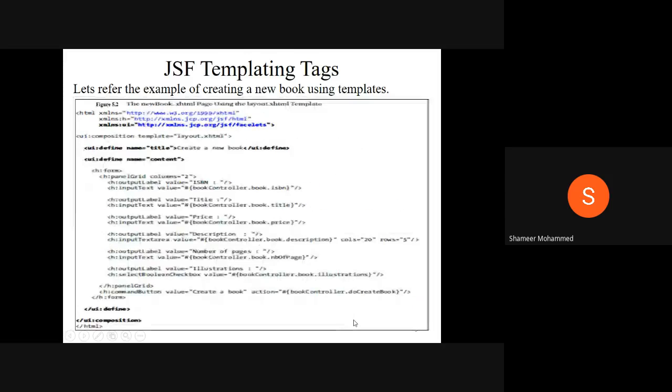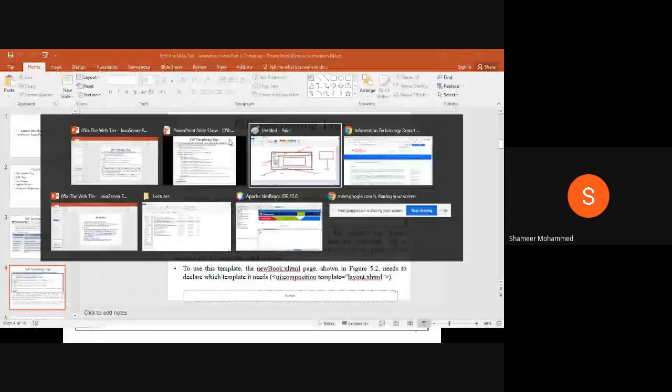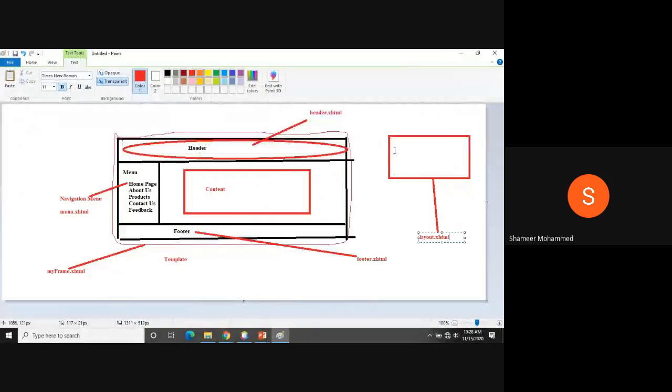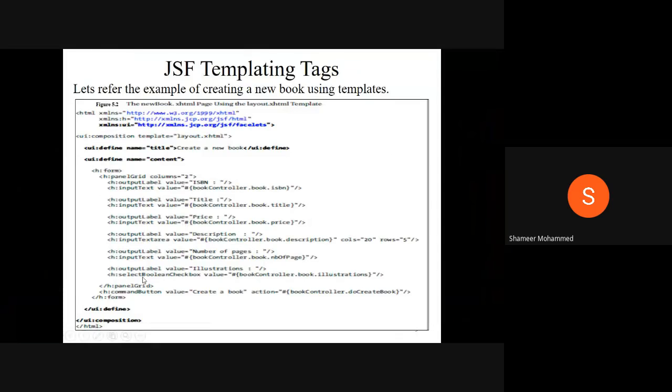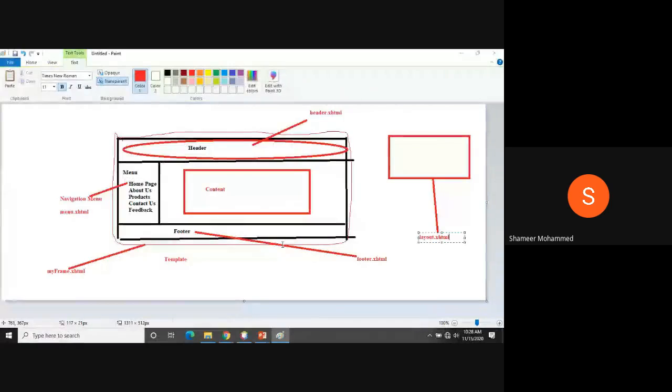Now see here, composition. First what I am doing is layout.xhtml. Layout means what? It will come like this, the empty one. Then in that empty one, this form. What is the form here? What does it contain? It contains this ISBN, title, price, and so on. Everything is there.